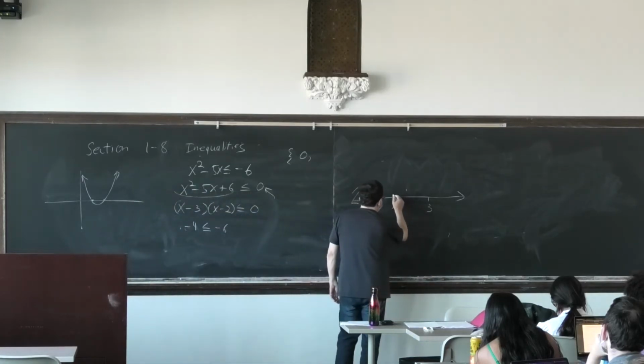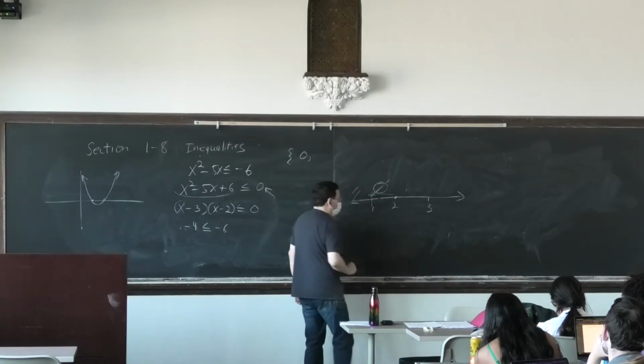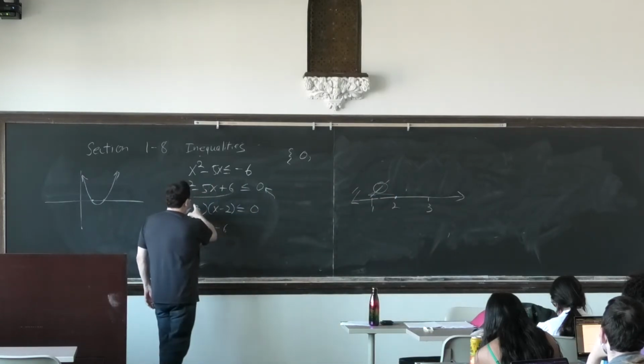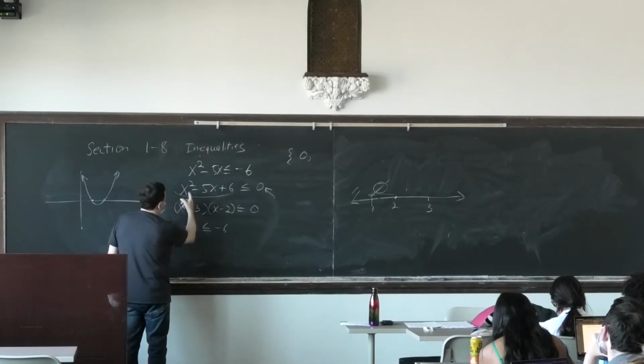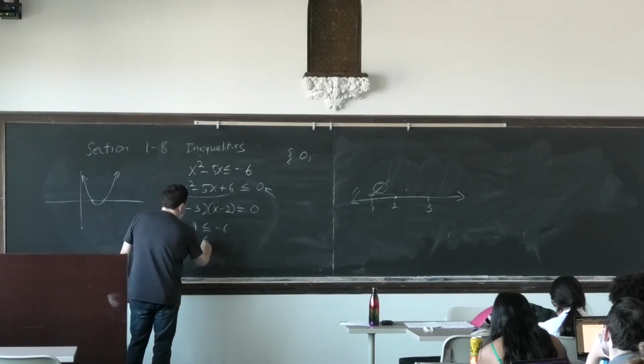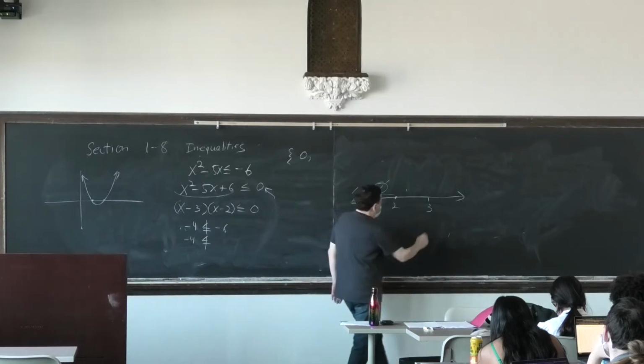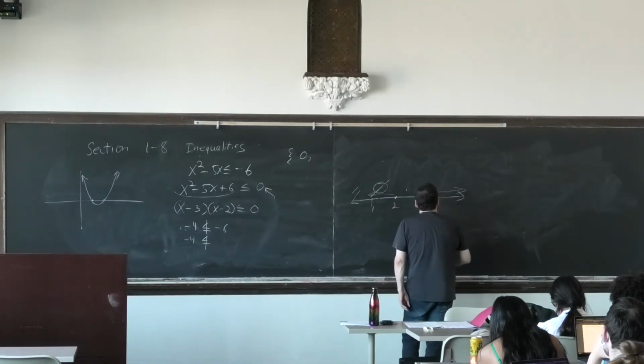So this area here is not what we're looking at. Same thing if I plug in 4, I again get 16 minus 20 is minus 4. Again, not. So this area is not included.